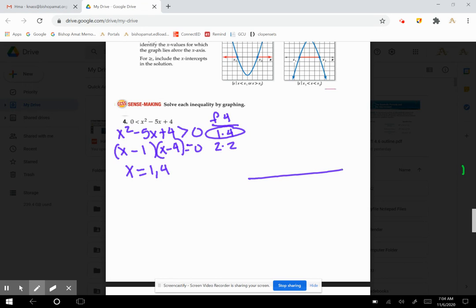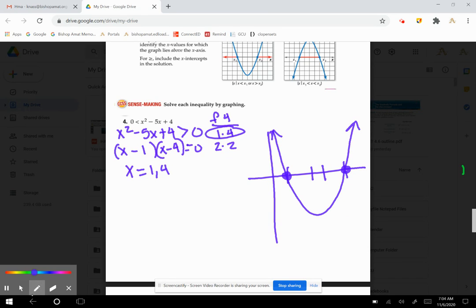So let's graph this really quick. I know that I have a 0 at 1 and I have a 0 at 4. Since my a is positive, it's going to look like this. So when is the equation greater than 0?